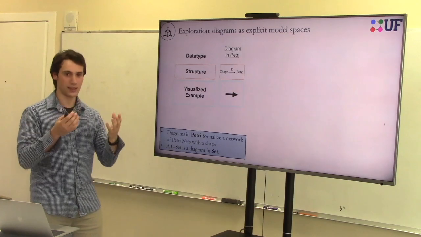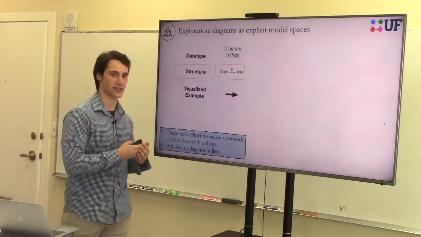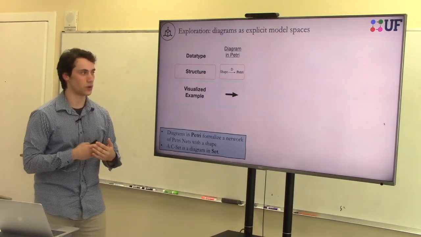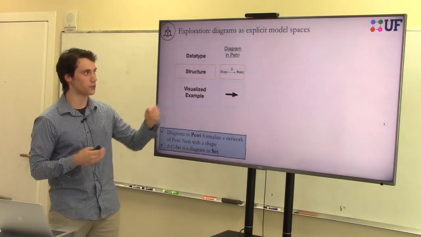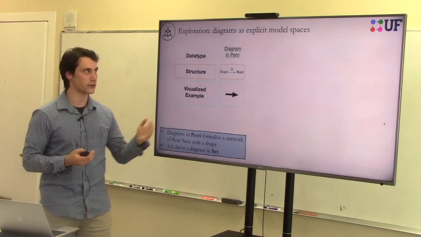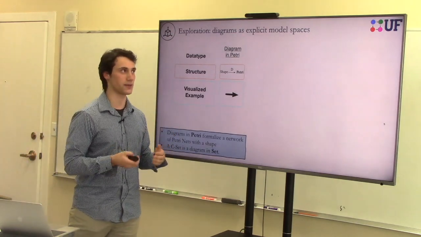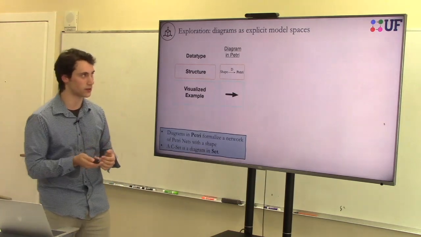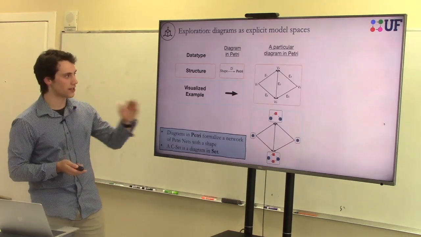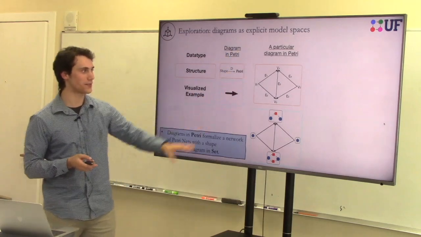You have a shape, and for each vertex, you're going to assign a set or a function. So in this case, for every single vertex in this shape, we will assign a Petri net. For every edge, we're going to assign a Petri net morphism, exactly the same kind of morphism I talked about in the previous story. So I'm going to visualize the example with its own column, because it's quite big.